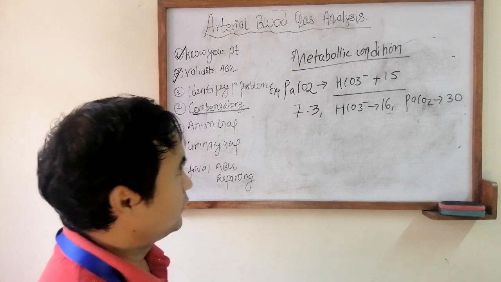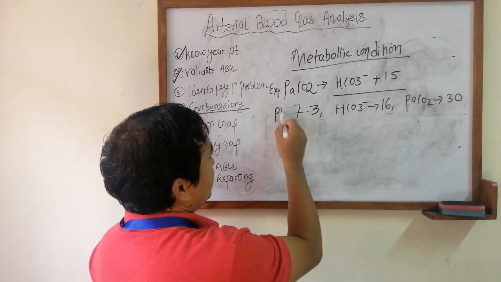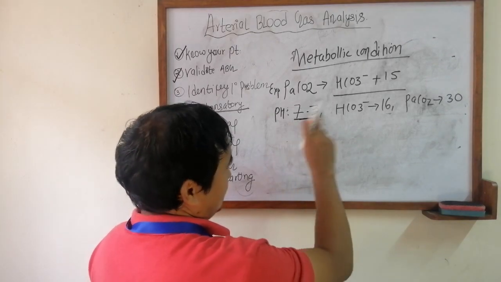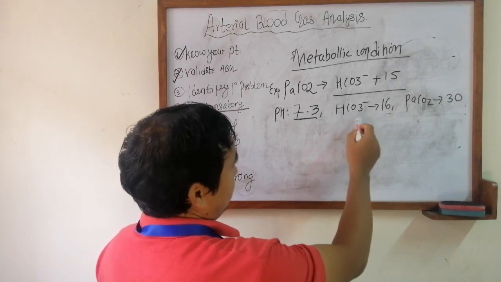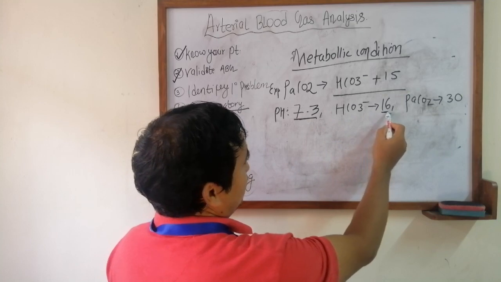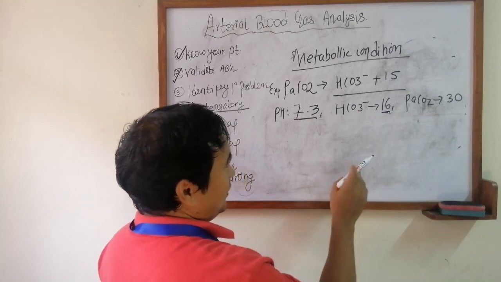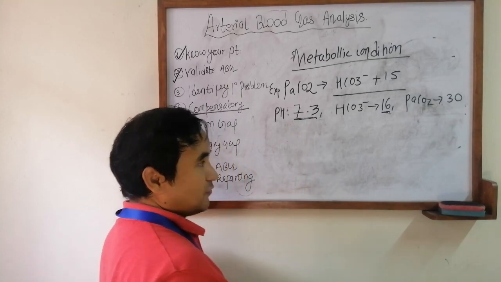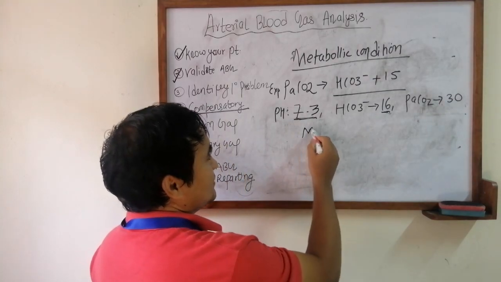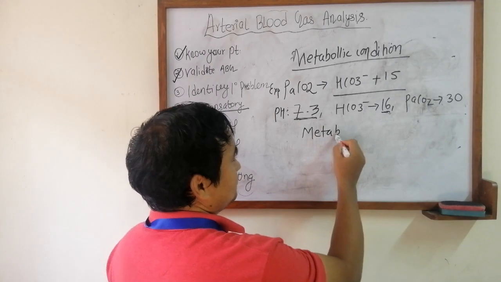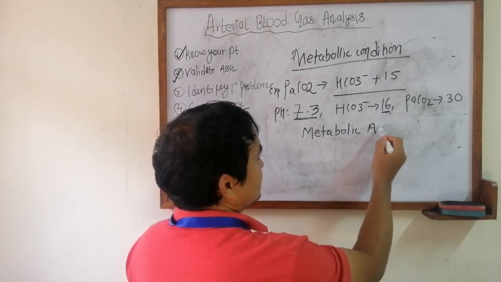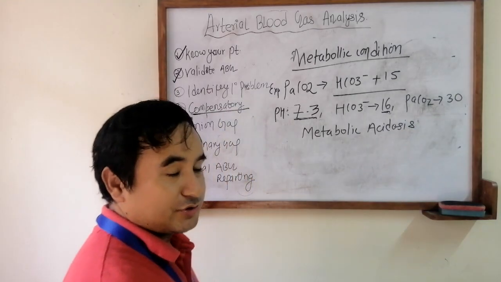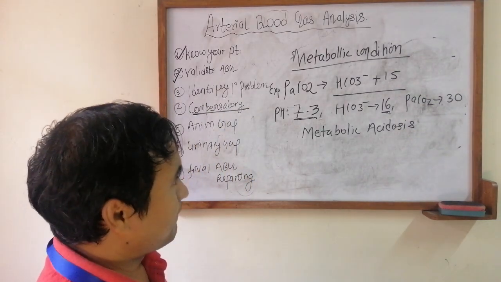So what is this report? There is a drop in pH to 7.3, so definitely there is acidemia. This acidemia is going in the same direction as the bicarbonate, as there is a fall in bicarbonate. So if this pH occurs because of the fall in bicarbonate, then definitely this is a metabolic acidosis. If there is metabolic acidosis, then what is the respiratory compensation?